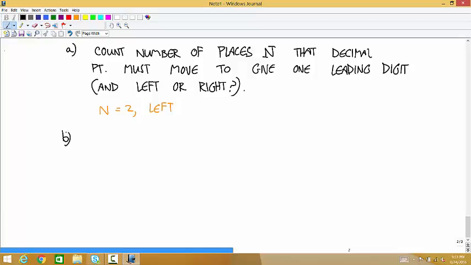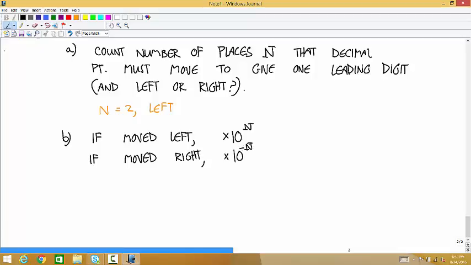And then if you moved it left, then you're going to have times 10 to the positive n. And if you moved it right, you'll have times 10 to the minus n.